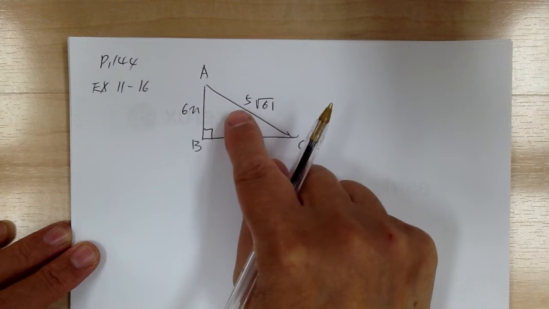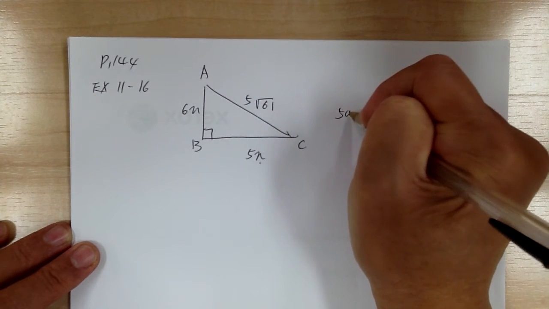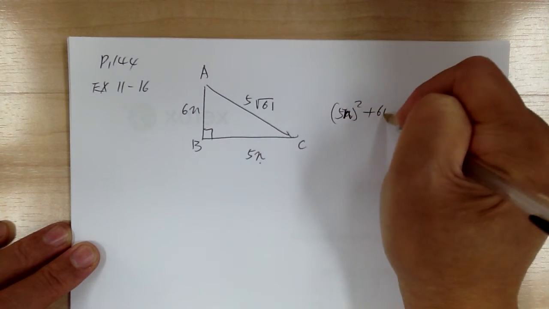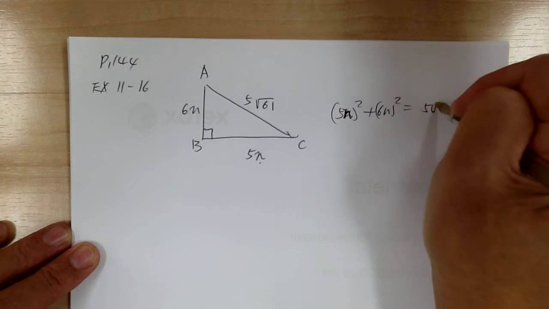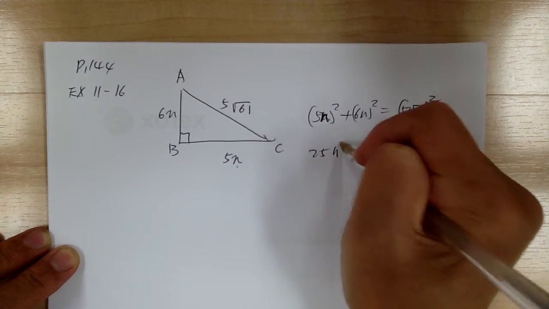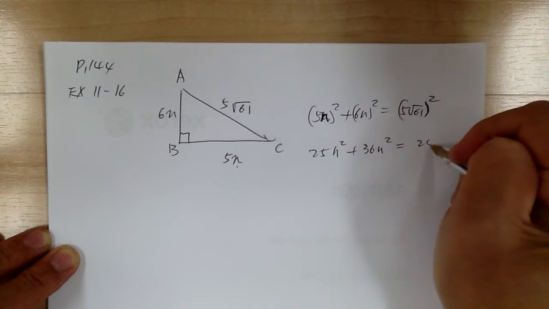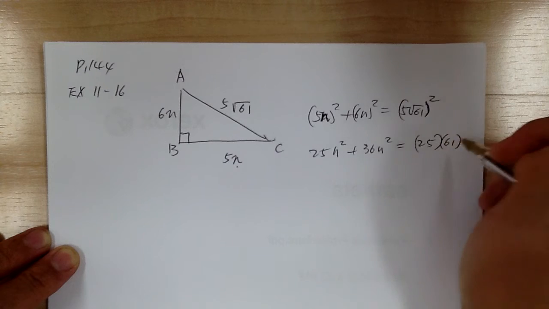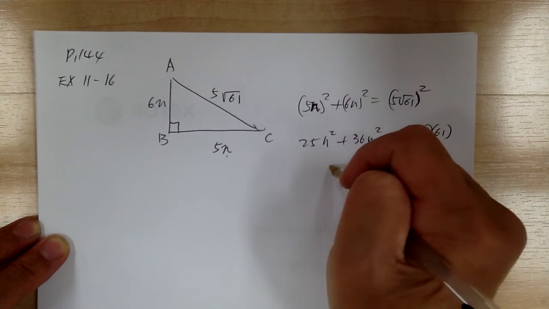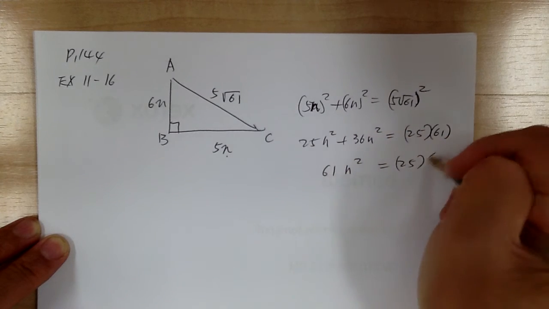If you apply the Pythagorean theorem, a squared plus b squared equals c squared, you're going to get 25n squared plus 36n squared equals 25 times 61. You add this together, you're going to get 61n squared equals 25 times 61.